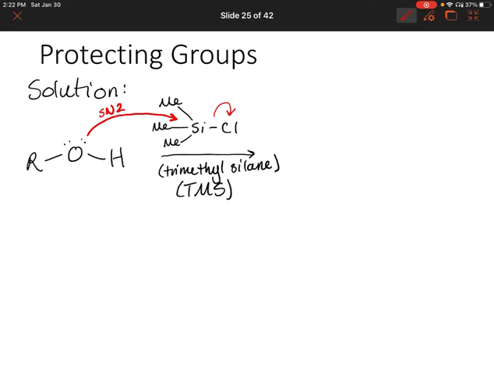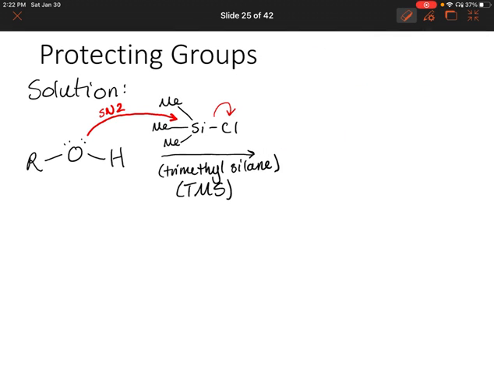Yes, but silicon is really large compared to, let's say, a carbon atom. So if that was a carbon atom bonded to those 3 methyl groups, then that probably would be too bulky to react with. But silicon is so much larger that any methyl groups don't really block it from being attacked.